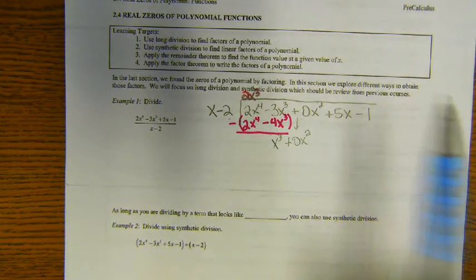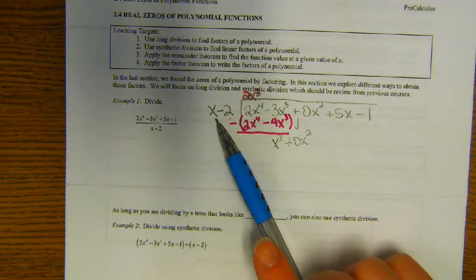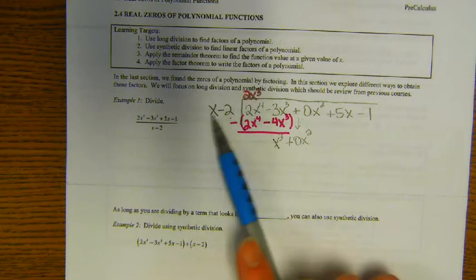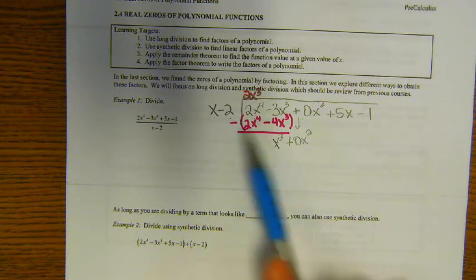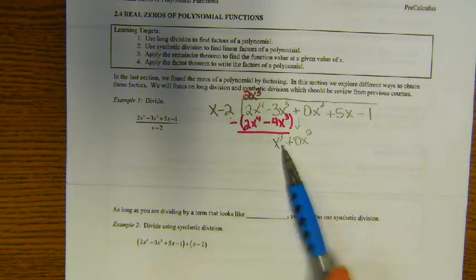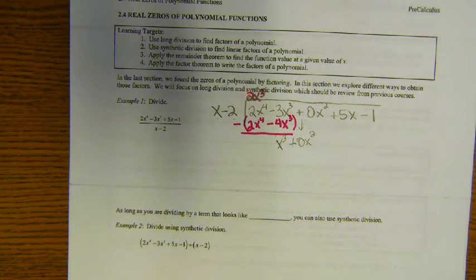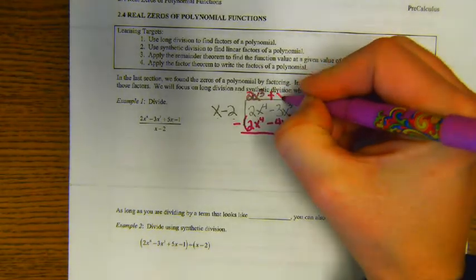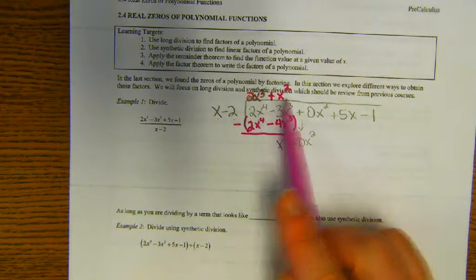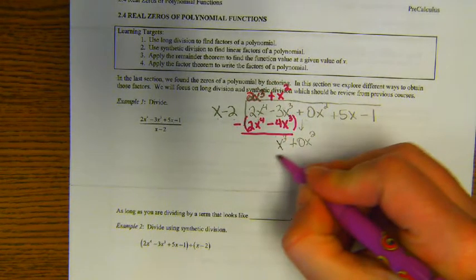I'm still dividing by x minus 2, and now I take this row and divide by x minus 2. So x cubed divided by x, or x times what gives me x cubed? The answer to that would be plus x squared. And so then I multiply. X squared times x is x cubed.